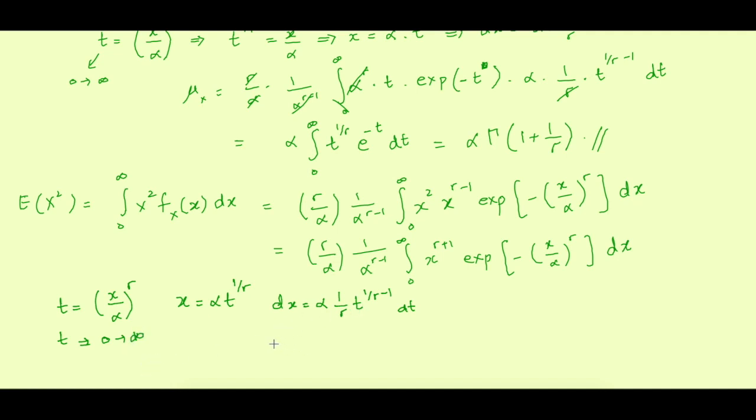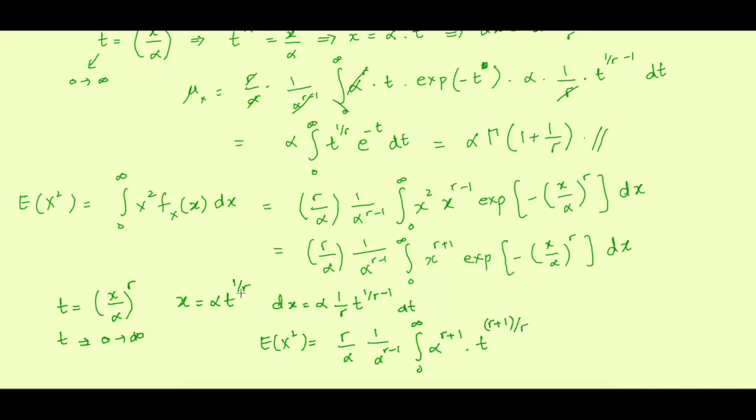Okay, so now we go to e of x squared. This is equal to r over alpha, 1 over alpha to the r minus 1, integral from 0 to infinity. So this is x to the r plus 1. So then I can say alpha to the r plus 1 and t to the r plus 1 over r, correct?